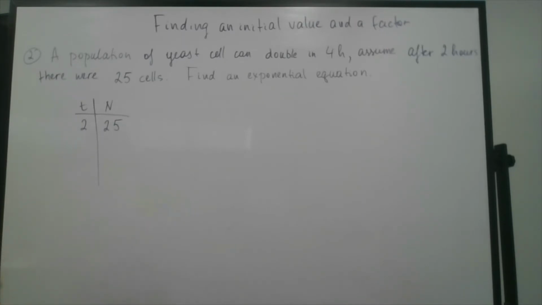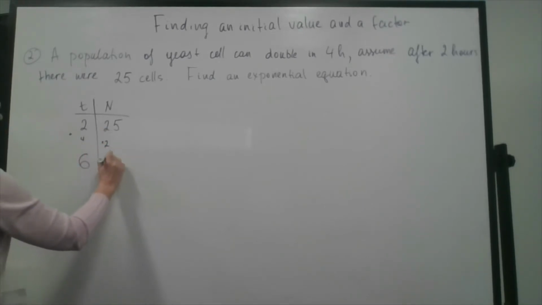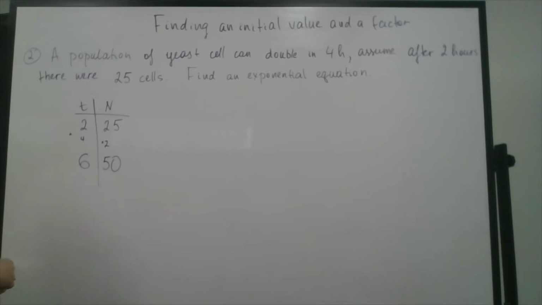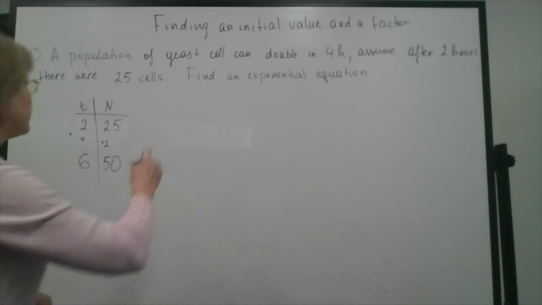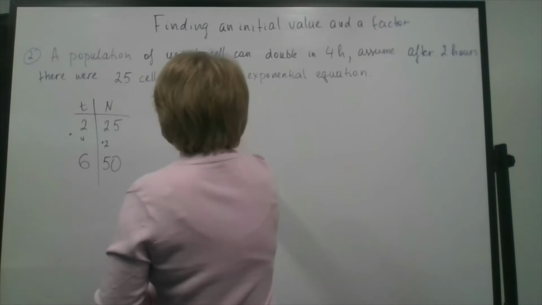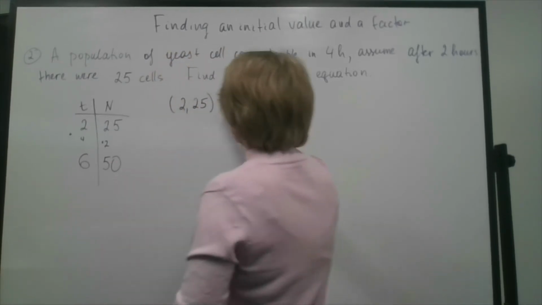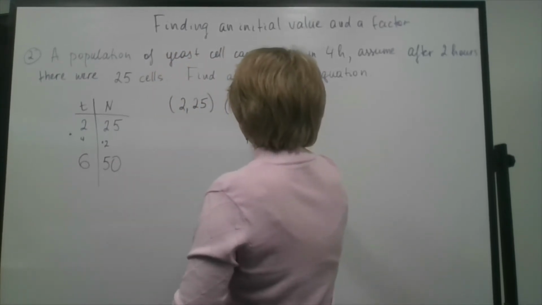A population of yeast cells can double in 4 hours. So what will happen with the population after 4 hours? So plus 4, it will be 6. And what happened with the population? Double. It means you multiply by 2. 25 multiplied by 2 is 50. We can rewrite this table as ordered pairs: (2, 25) and (6, 50).